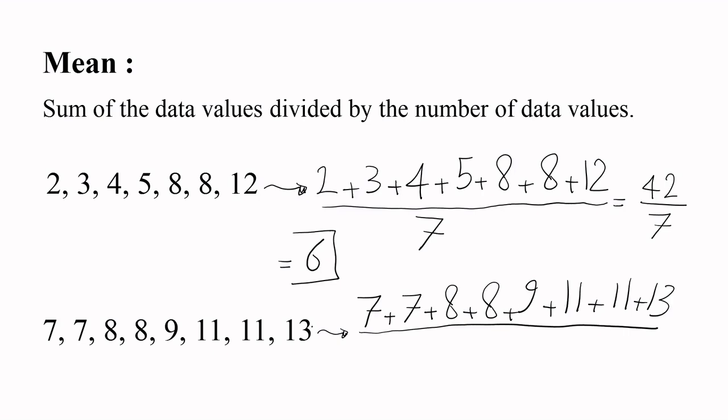And how many values do I have? 1, 2, 3, 4, 5, 6, 7, 8, over 8. If I add all these values, I'm going to have 74 over 8. And the answer will be 9.25, which is the mean of this group of numbers.